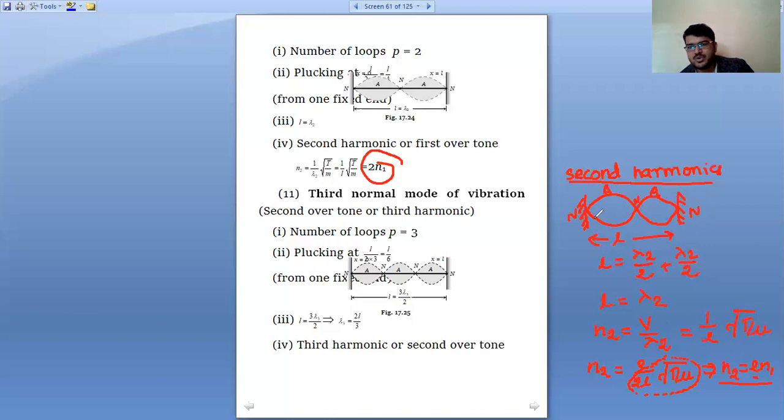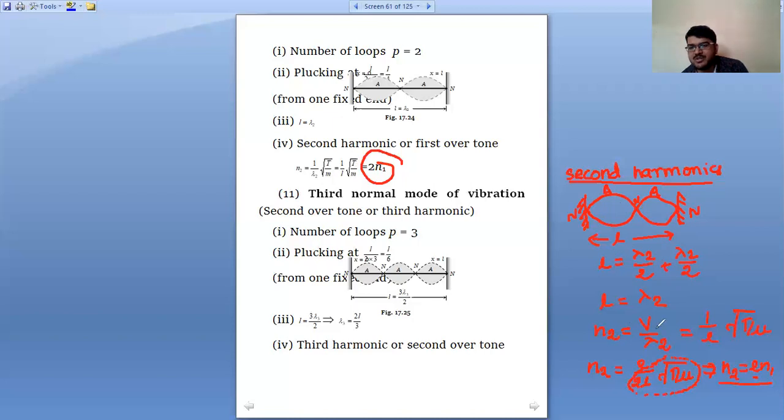So this is the complete length. Node to node distance is how much? Lambda by 2, here also lambda by 2. But this time the wavelength is changing, so I denote it by lambda 2, not lambda 1. Therefore lambda 2 by 2 plus lambda 2 by 2, half plus half is 1, that is equal to lambda 2.